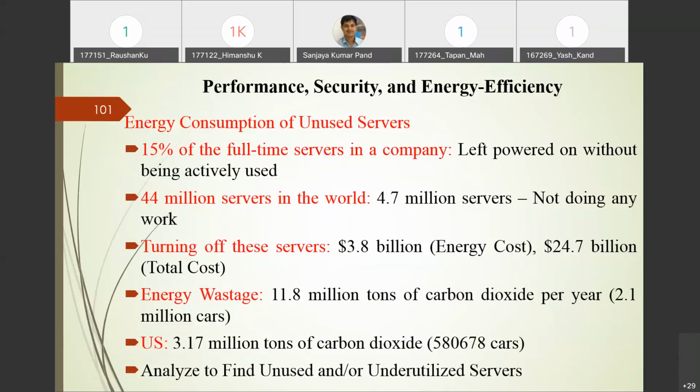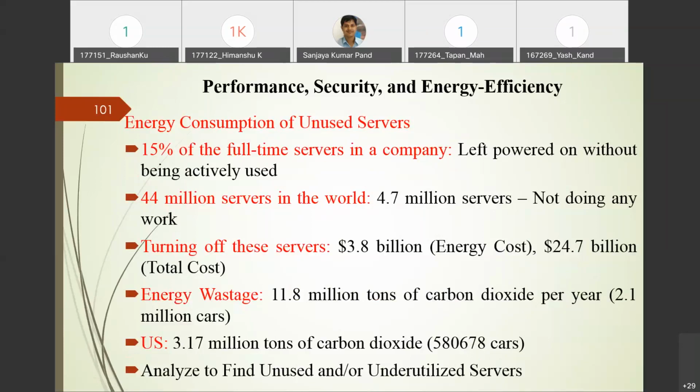Similarly, of a total of 44 million servers in the world, 4.7 million servers are not doing any work. They are in standby mode, or you can say they are active but not executing any work.